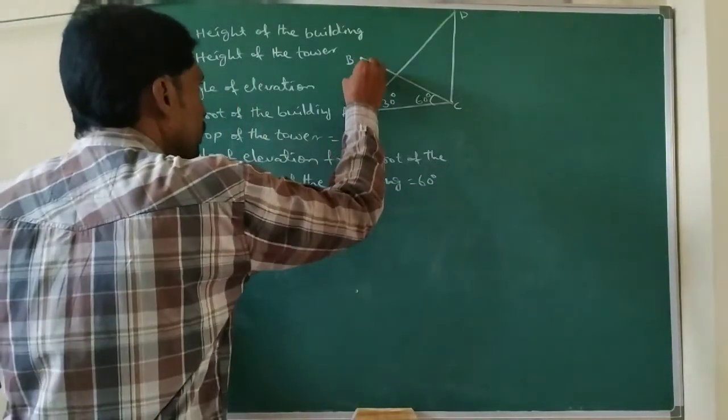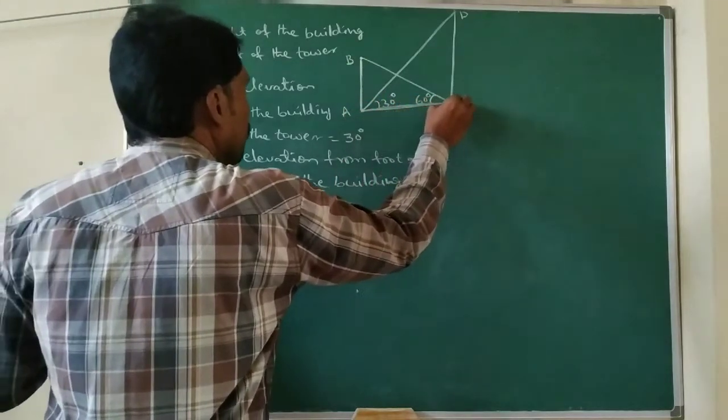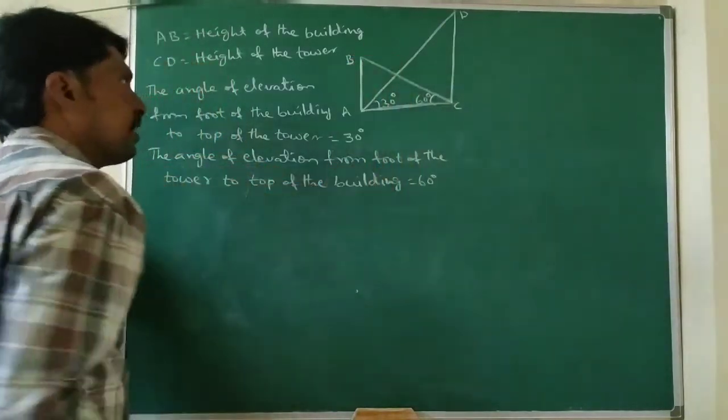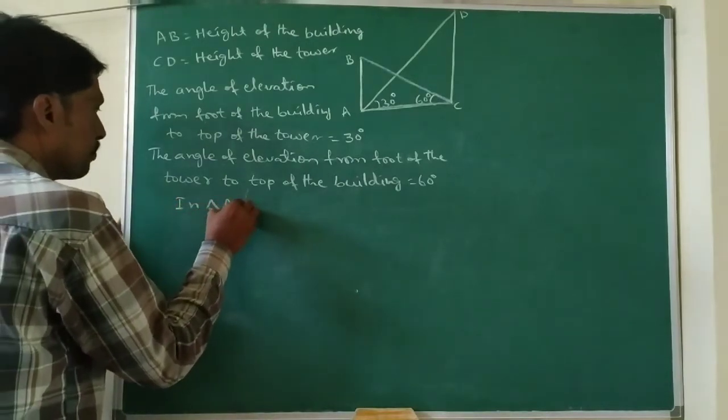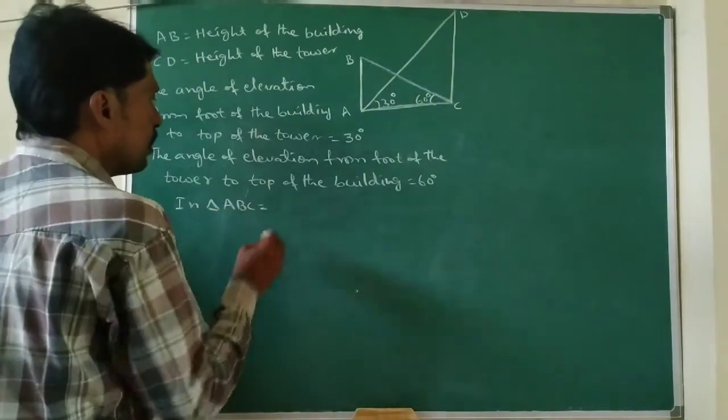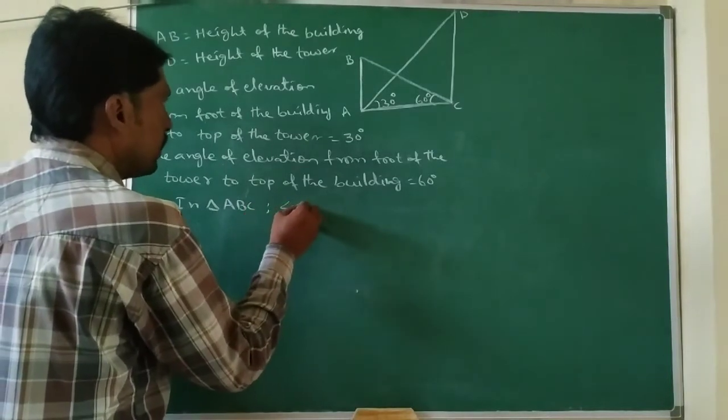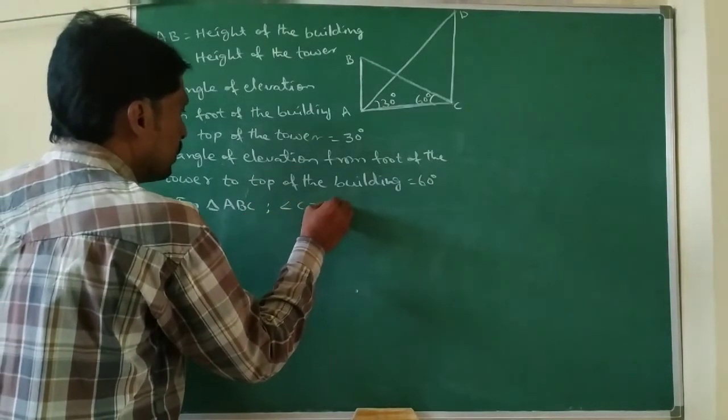Now I am taking this triangle. In triangle ABC, angle C equals 60 degrees.